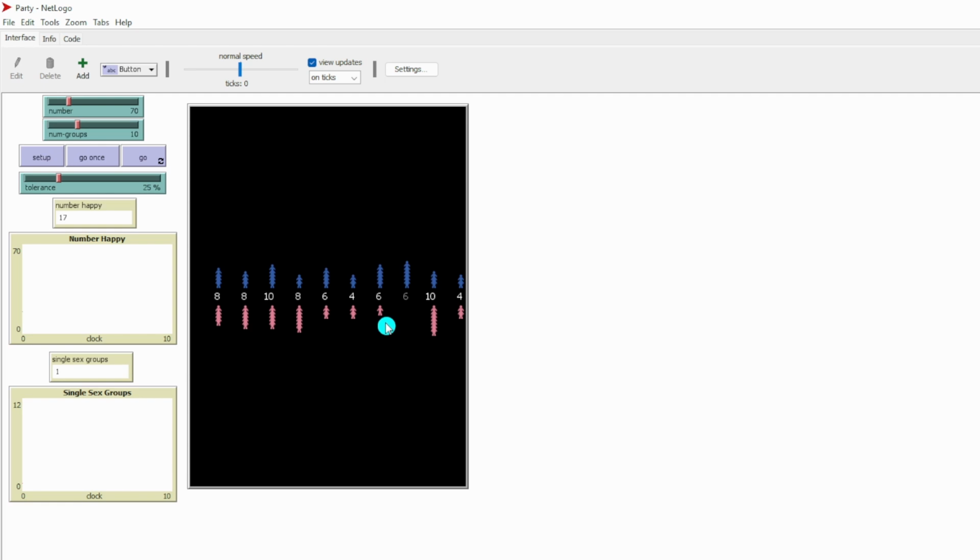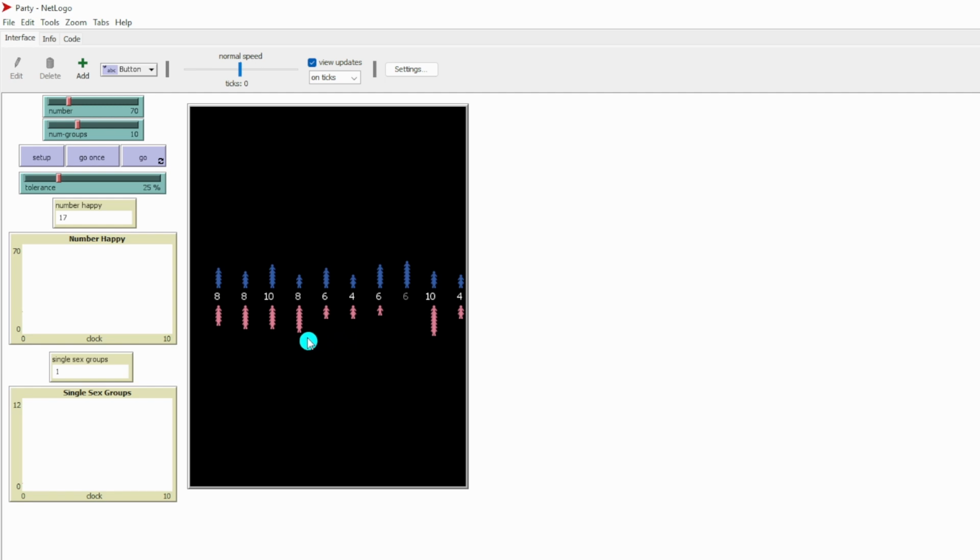Because the tolerance level is 25%, I feel comfortable if the percentage of men in my group does not exceed 25%. If I am in this group, obviously I don't feel comfortable because a majority of the people in my group are men. This exceeds my 25% tolerance level.